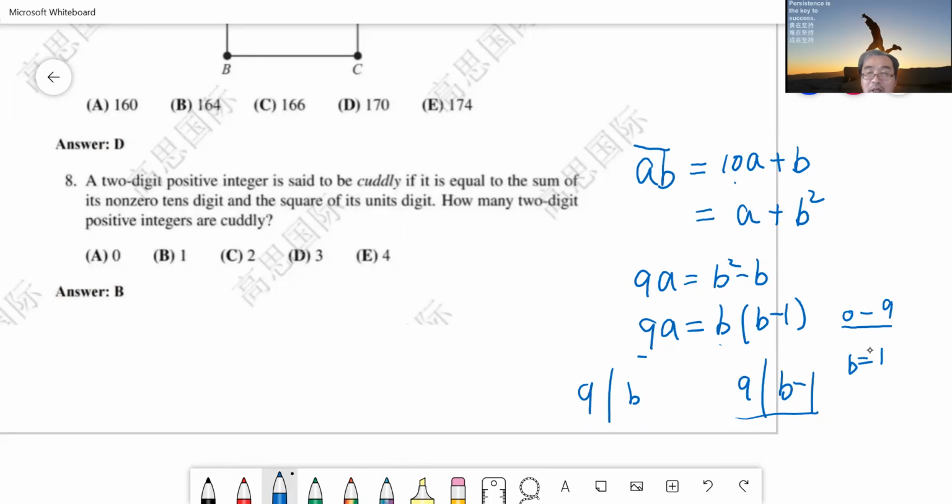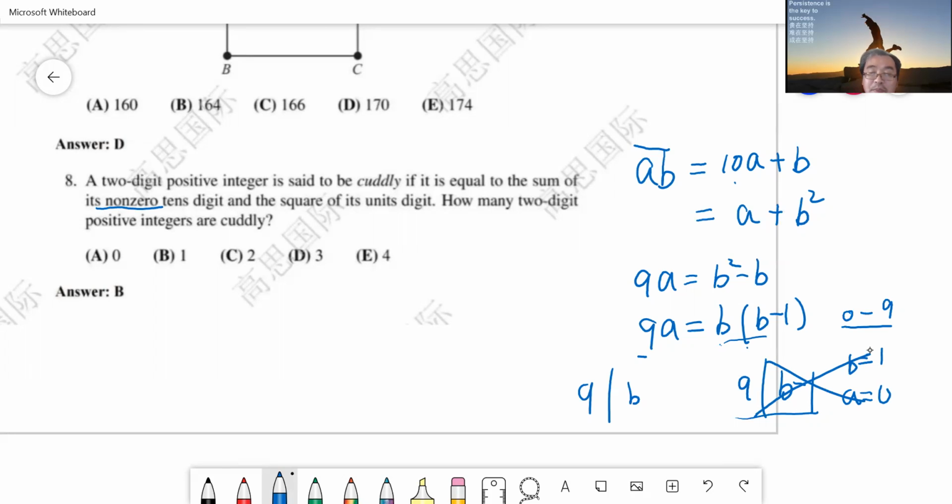That's true, right? However, then you find A is also equal to 0. But remember, A is a non-zero tens digit. So that violates the given condition. So we need to take it out, right?